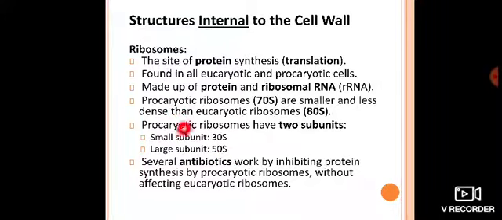So the prokaryotic ribosome is divided into two parts, the small 30S and the larger 50S. These are the two parts of the ribosomal unit. Several antibiotics work by inhibiting protein synthesis by the prokaryotic ribosome without affecting the eukaryotic ribosome.